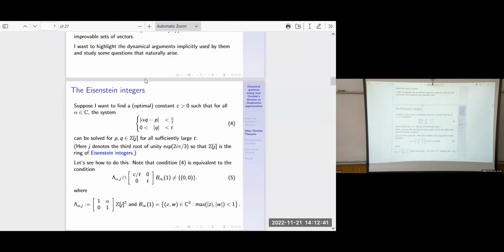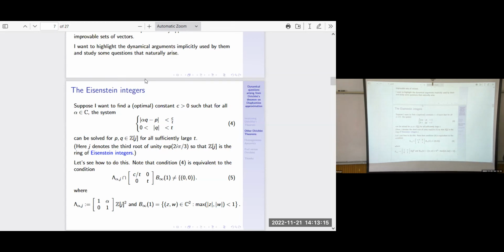So how do we do this? Well, one way is to just look at this condition 4. It's actually asking about a set theoretic intersection. This condition 4 can be rewritten as the statement that this lattice intersected with this set in C^2 is not 0.